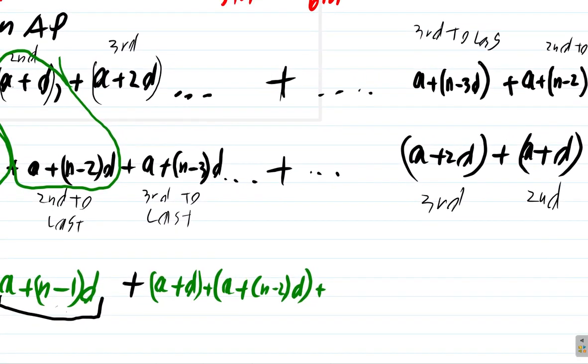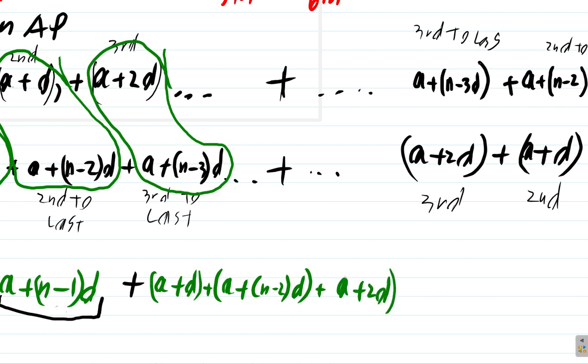Then we add the third term and the third to last term. So we have A plus 2D plus A plus n minus 3D, plus, that's what we leave out.